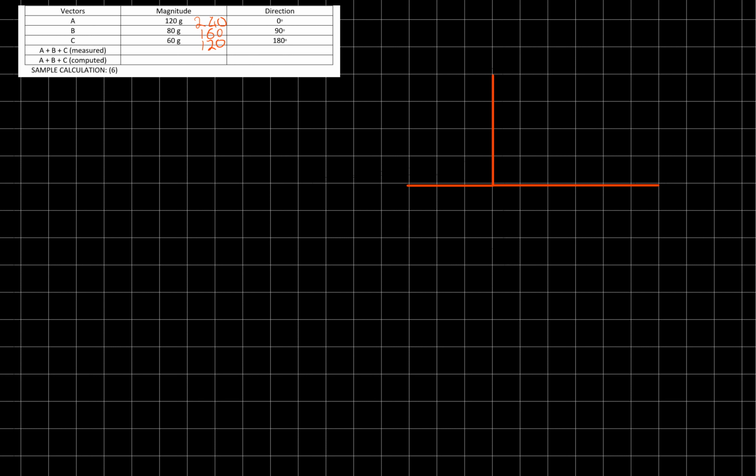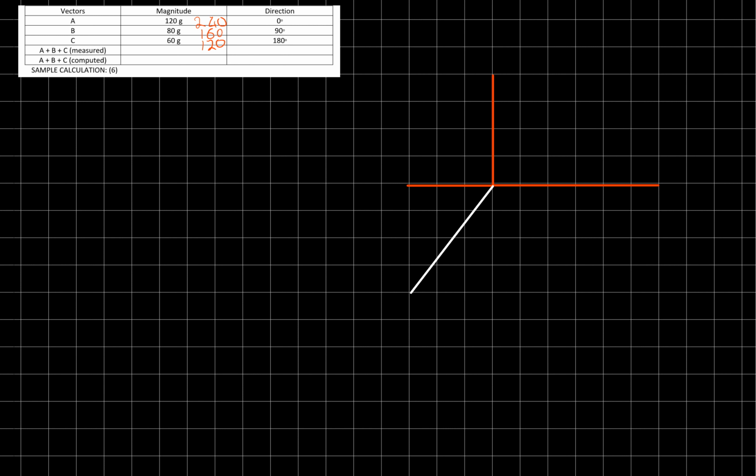So I would approximate that the answer should be somewhere around here. I would say this is probably the correct answer, but let's see the numbers, why that is the equivalent force.